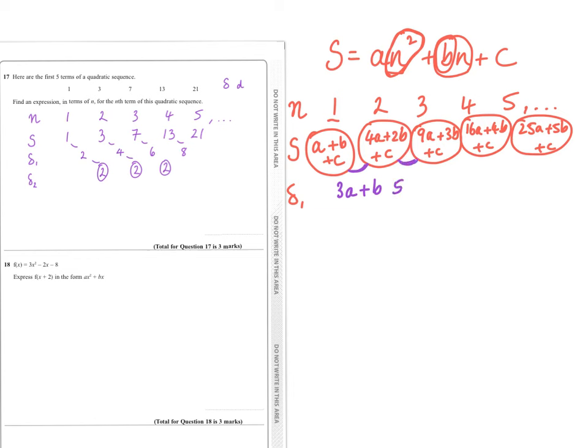Well, I'll need 5a and a b again. Here, from these two, I'll need 7a plus a b, and then here I'll need 9a plus a b. And then I hope you can see here that the second time round the difference between these two is just 2a, 2a, 2a.